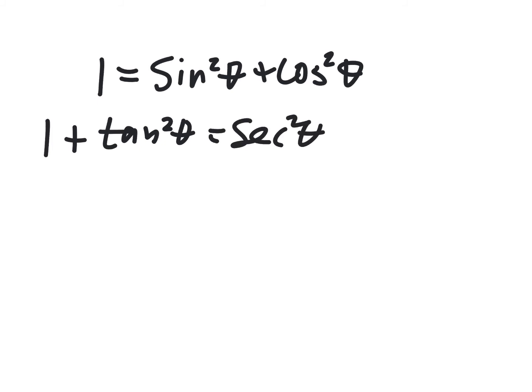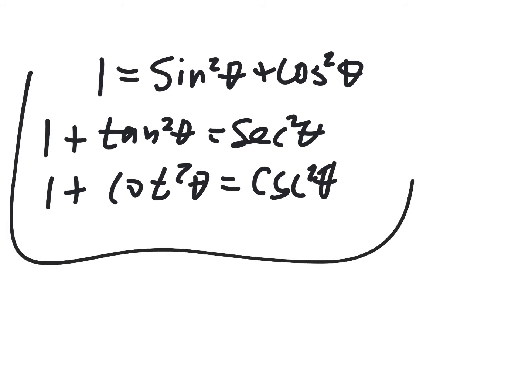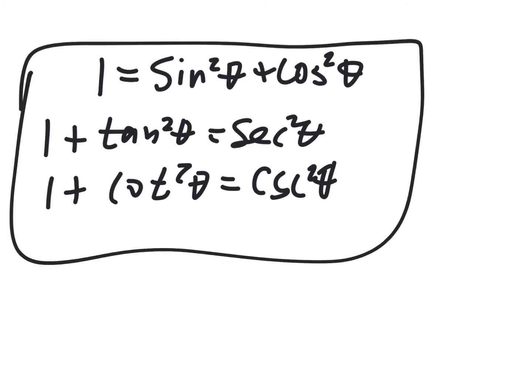And then I have the 1 with the cot is cozy. And yes, I'm aware I rearranged them to put the 1 in the front, and that's fine, because it just makes the saying sound better. And those 3 are all about a squared plus b squared equals c squared, so those are called the Pythagorean identities.